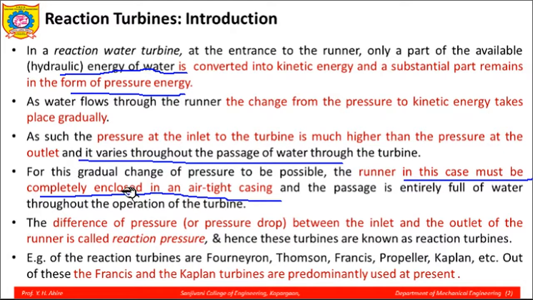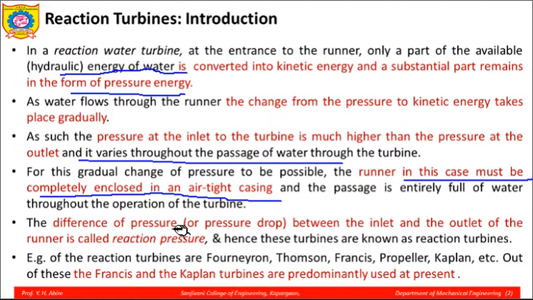As there is a gradual drop of pressure, the runner should be completely enclosed in an airtight casing, and the passage of water should be full of water throughout the operation of the turbine.